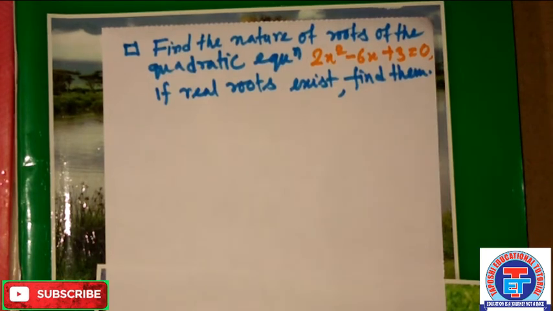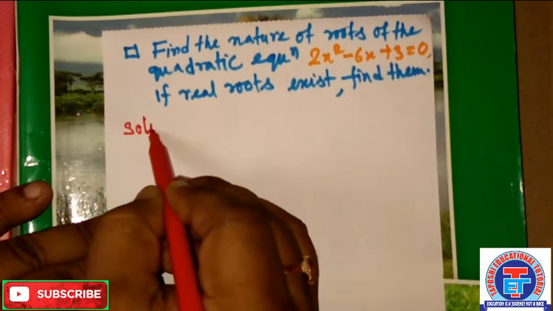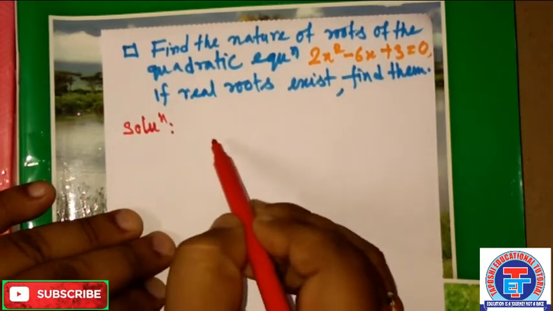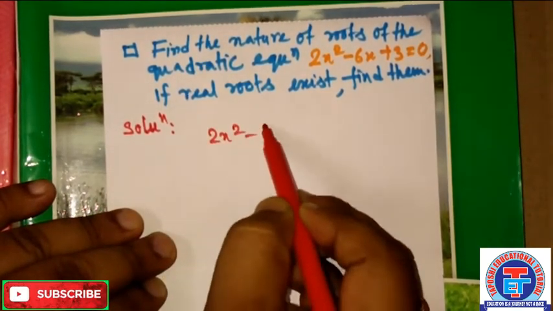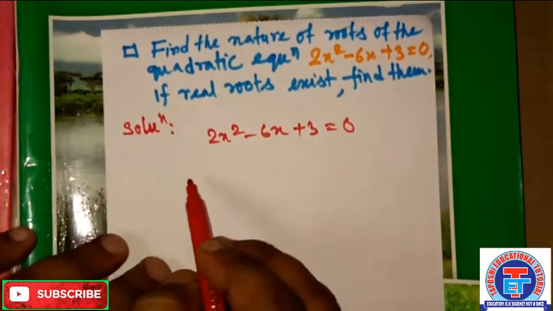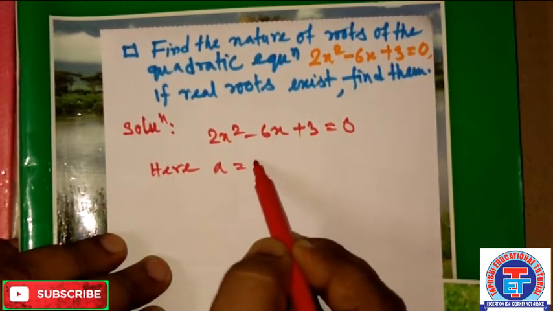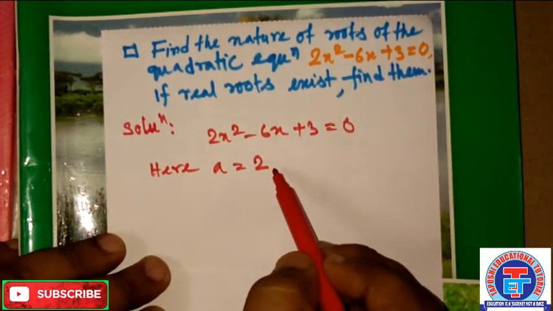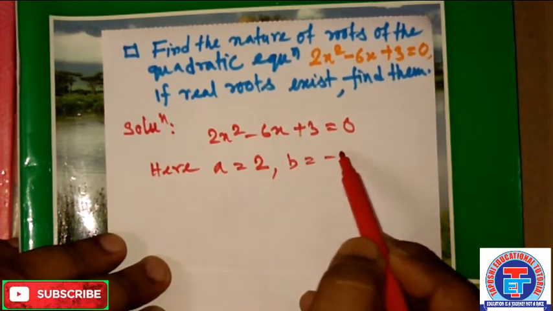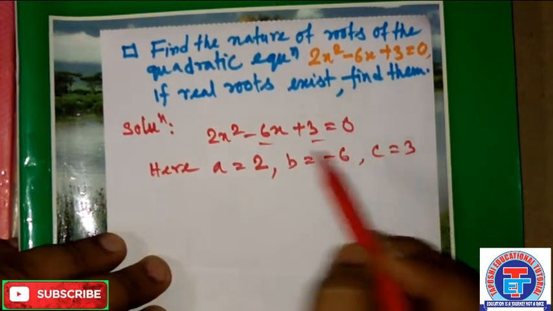Okay, the solution: 2x square minus 6x plus 3 is equal to 0. Here a is equal to 2, right, b is equal to minus 6 and c is equal to 3.